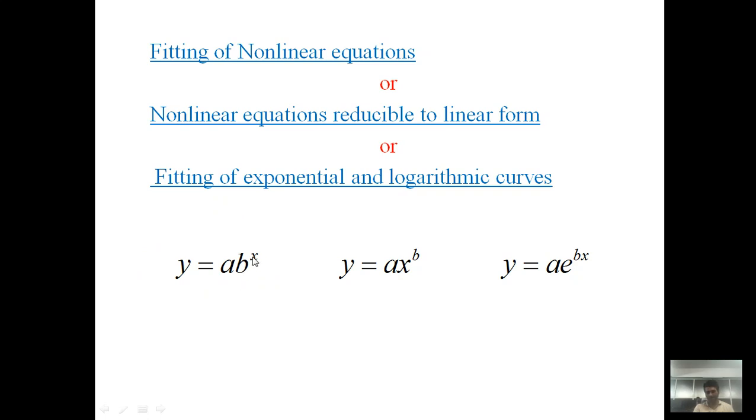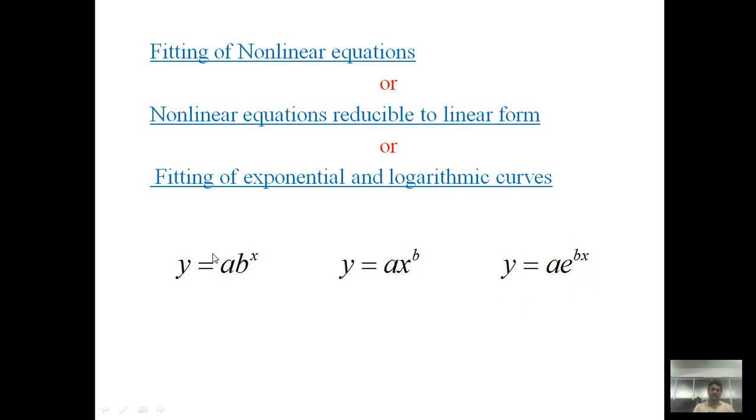Here x is in the power, that's why it's known as the exponential form. Then y is equal to a x raised to b. Again b is in the power, so it is also known as the exponential curve. Then y is equal to a e raised to bx. Again bx is in the power, so it is also known as exponential form.